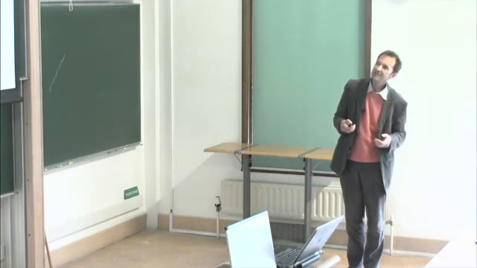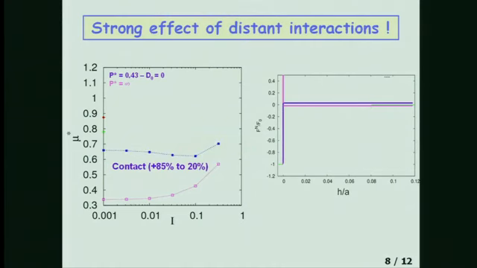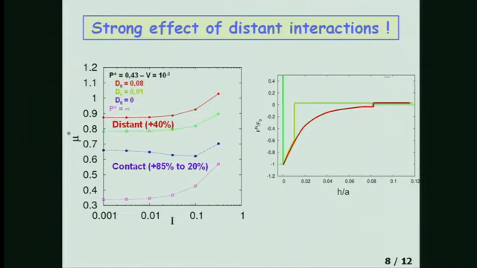The value of P star is already small, strong cohesion, 0.4, and so there is already a significant increase of mu star. But when I consider the Mogis model with two different values of the rupture distance, you can see that there is another significant increase of the effective friction. So this tells us that distant interaction plays a significant role.